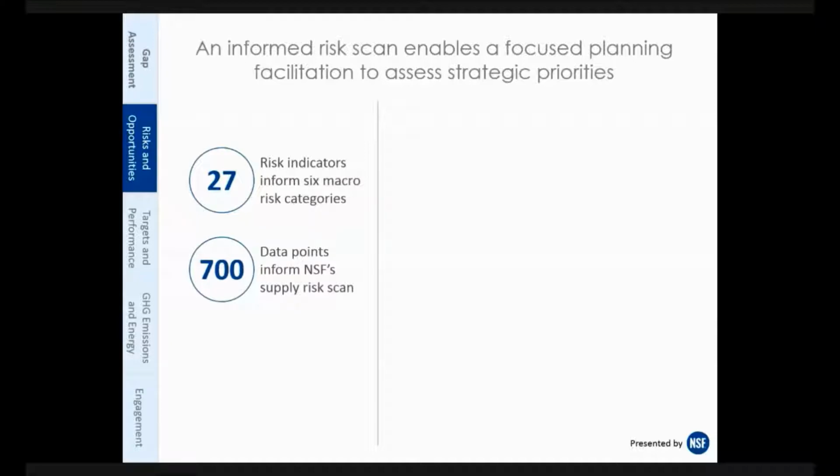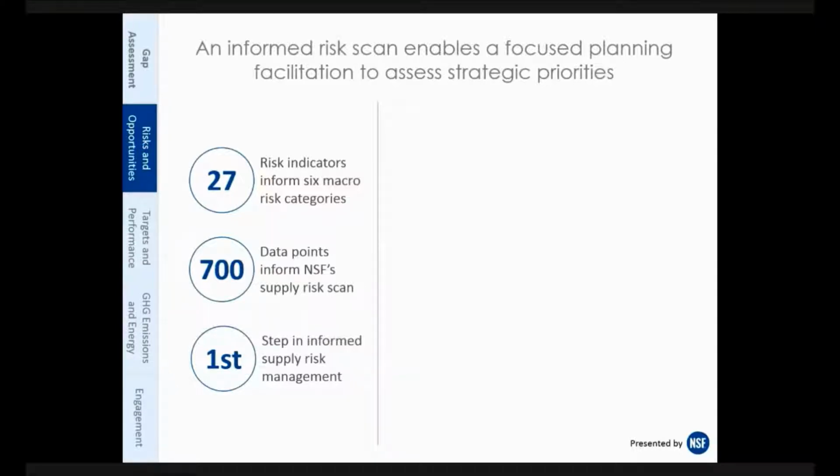And if you have a 3-tier supply chain, just to give you a sense of how much data is going into this risk scan, there's at least 700 data points that come from company information, industry information, commodity information, and geography information. And again, this is really what we recommend as the first step in supply chain risk management.